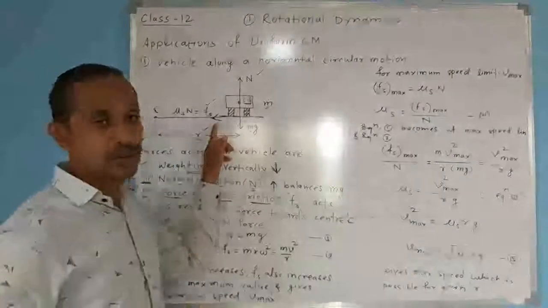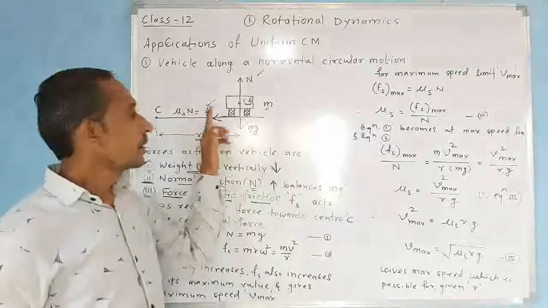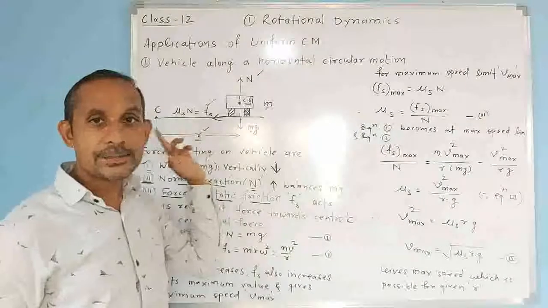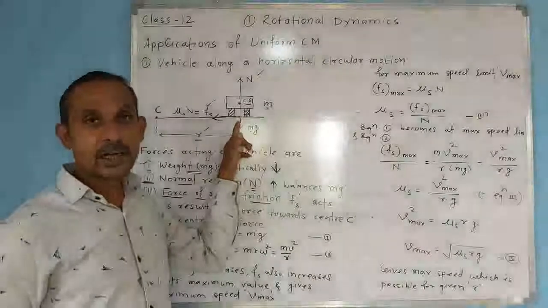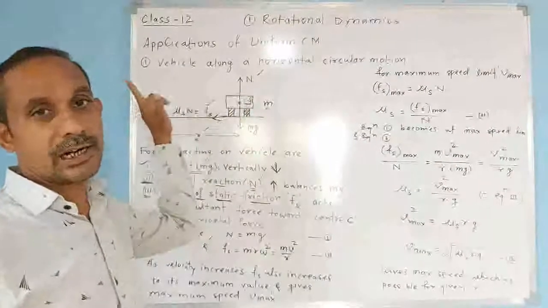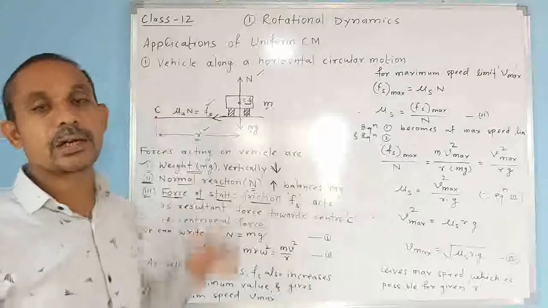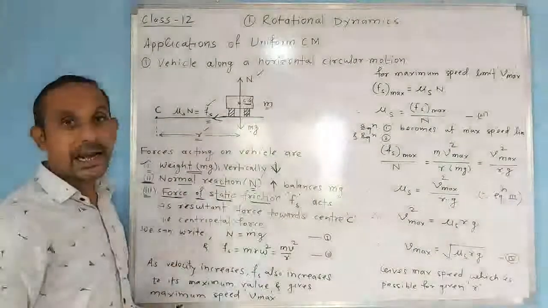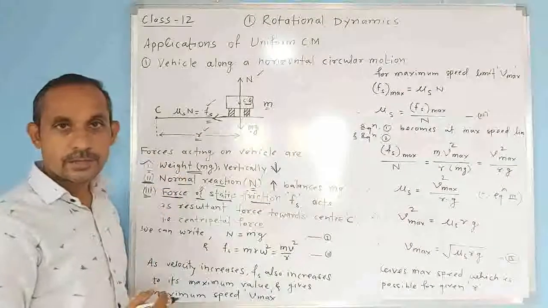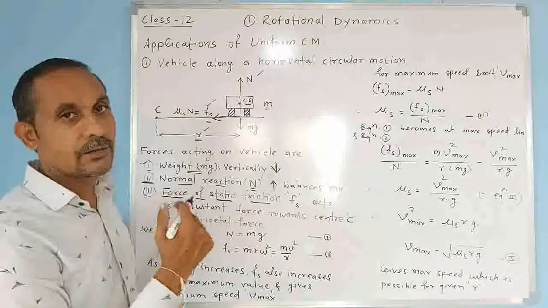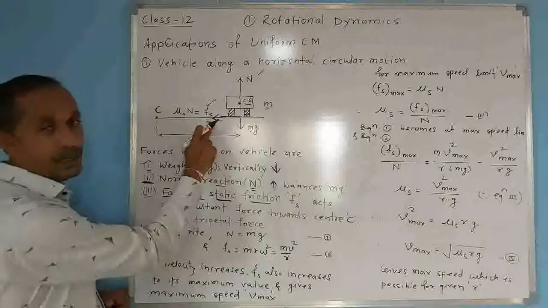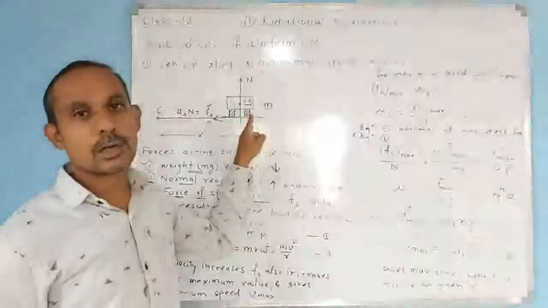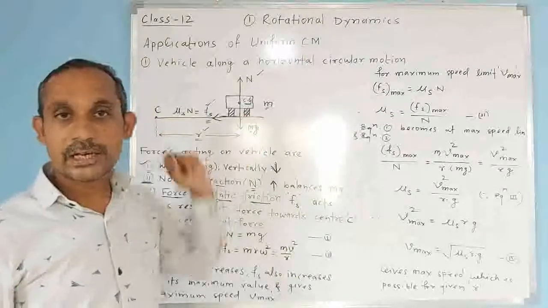And this force acts as the centripetal force and helps the vehicle to move along the circular track safely. So this force Fs acts as the centripetal force, and this centripetal force produces the circular motion of the vehicle.